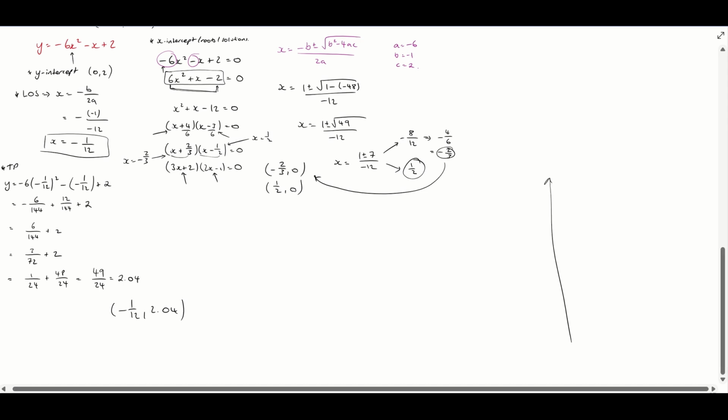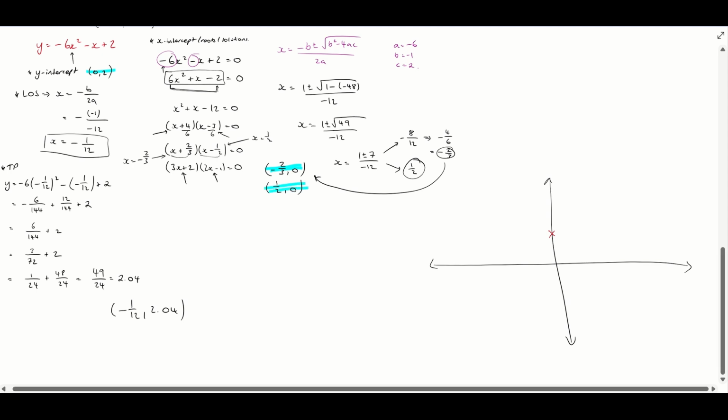We'll come down here. So this is the fun part. Our y-intercept we found to be at 0, 2. So that's going to be here, let's say. Our x-intercepts, or our roots, or our solutions are here.